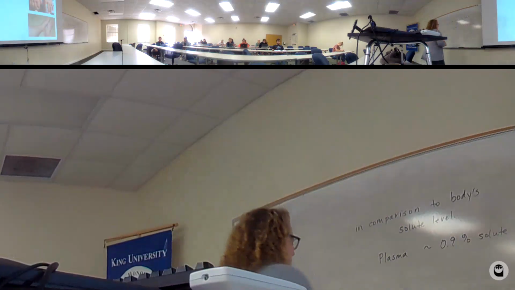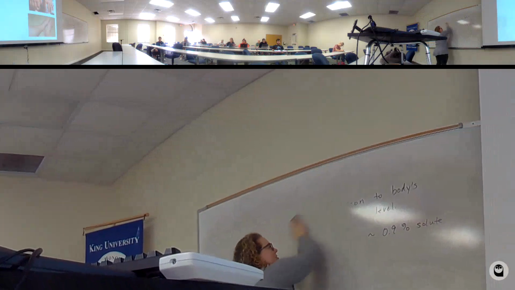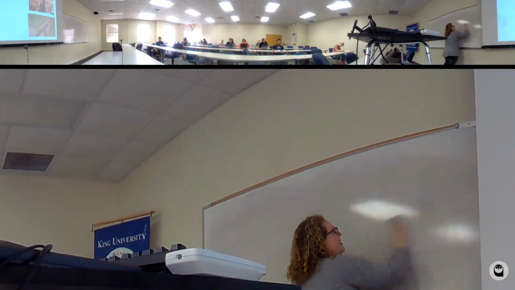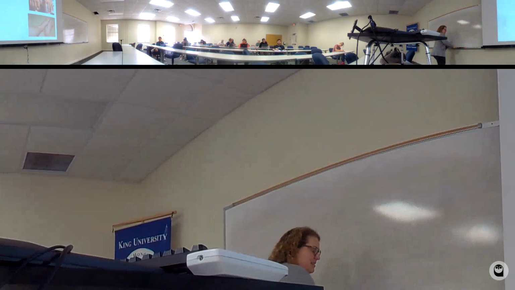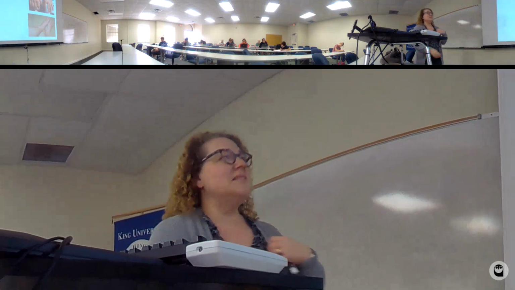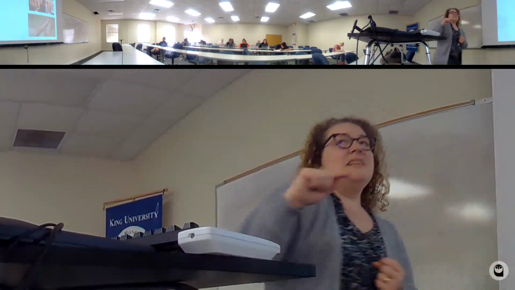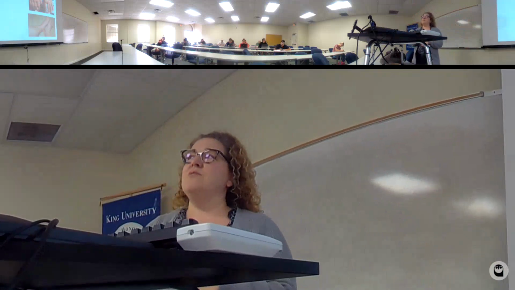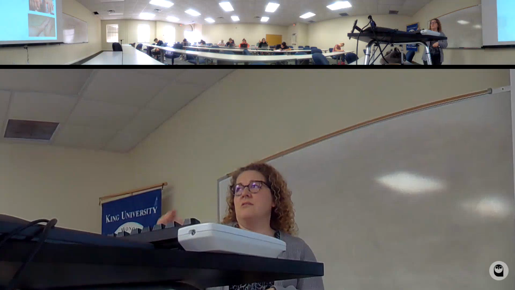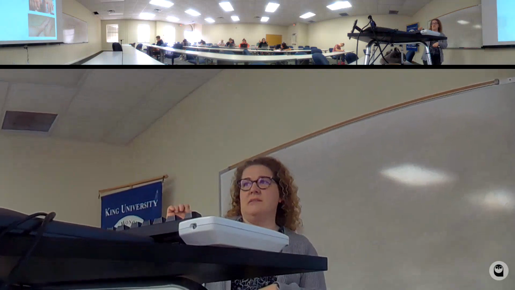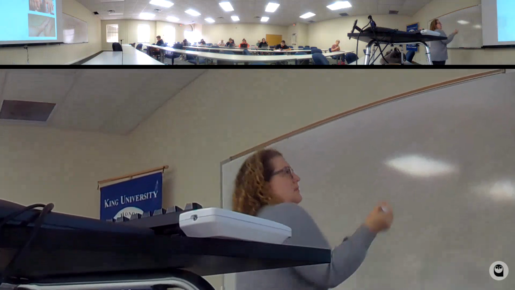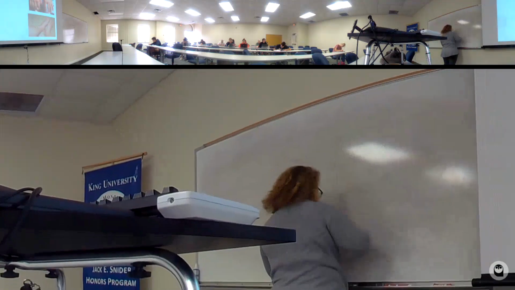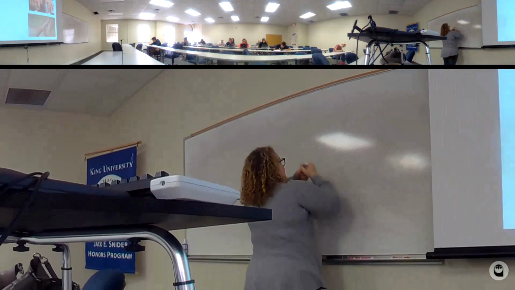Okay. So our third disorder of water balance is edema. And we've talked about edema a couple times this semester. And edema is different from those other two because edema is having too much water in a certain place. So edema, get the darker marker.